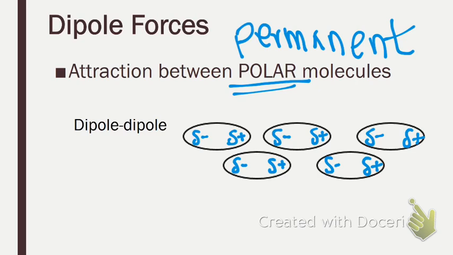Even if you put them all in there separately, some of them are just going to happen to be oriented the right way that they're going to stick together, and then they're going to go floating around in that basket of magnets together as a unit. So, permanent polarity forms this attractive force. This is stronger than London dispersion because that charge, that attraction doesn't go away. It's going to stay there.